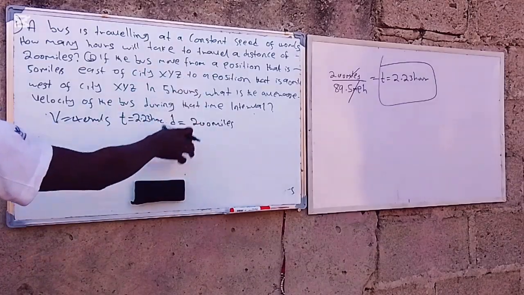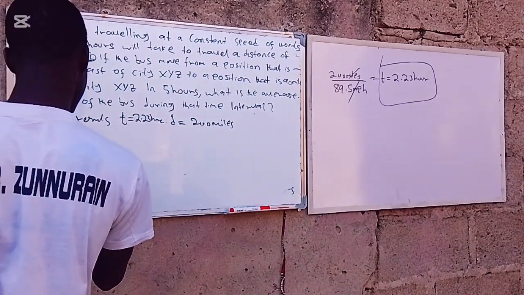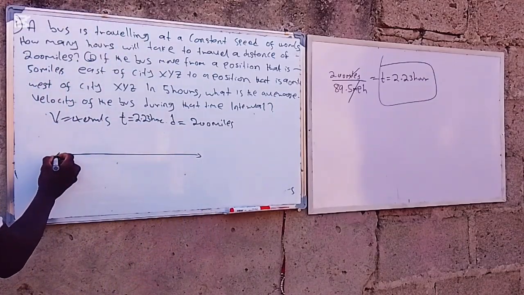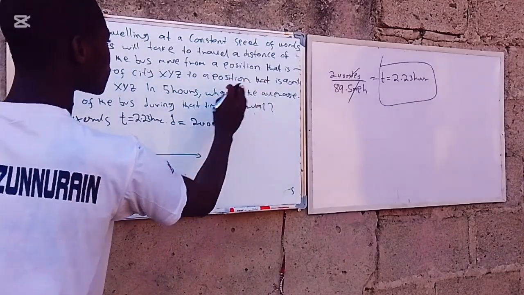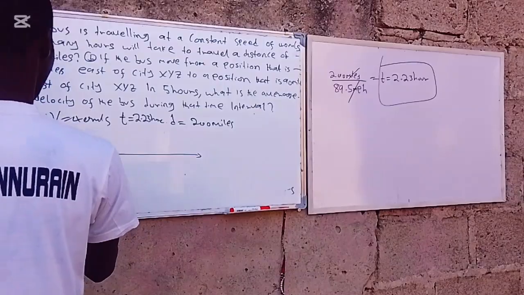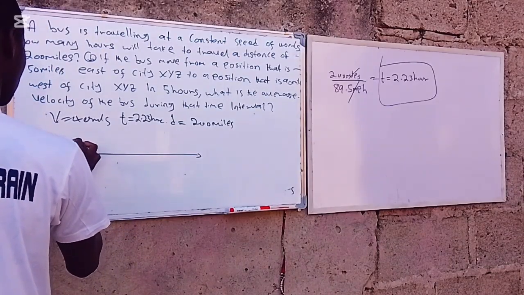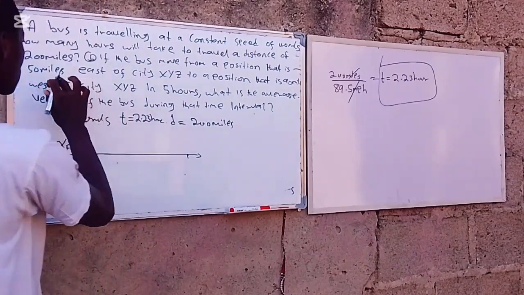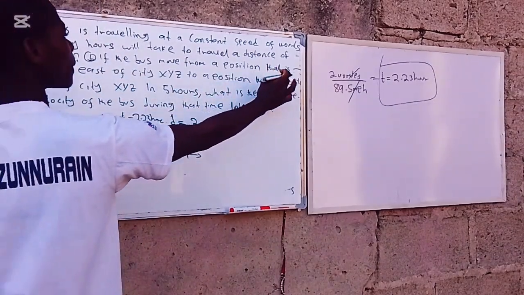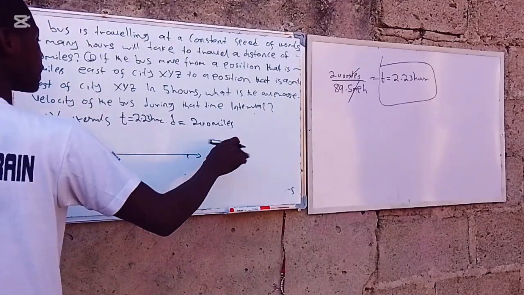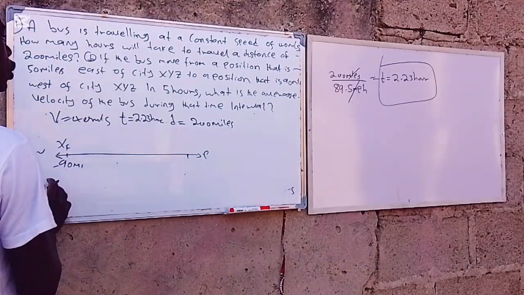So we are talking about a bus moving far away. Let me draw this. Let's say it moves far away like this. Let's say this is 90 miles, which is the final. Let's say this is the position that is 50 miles east, this is east, and this is west.